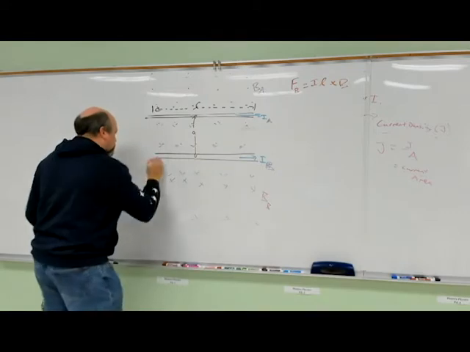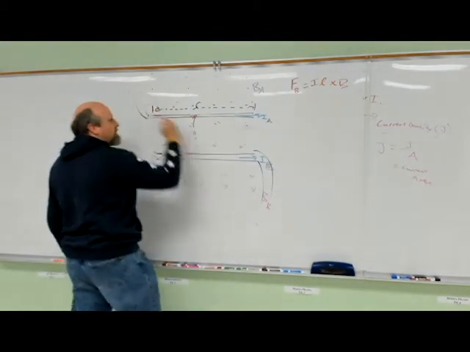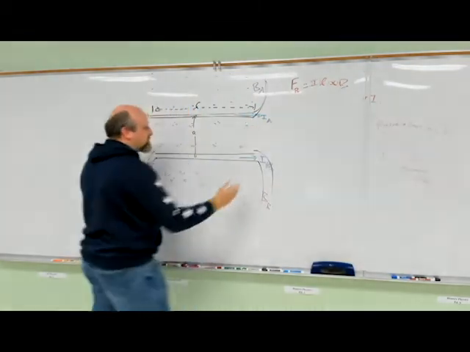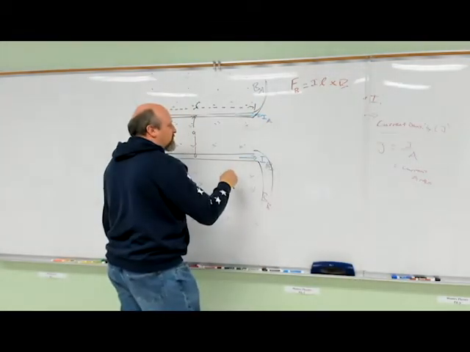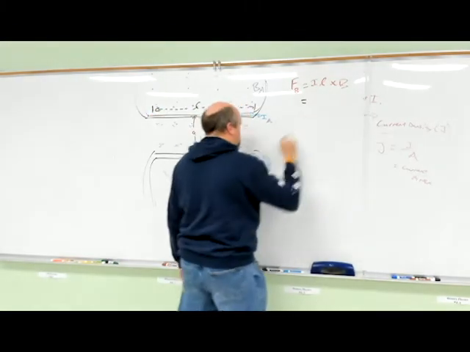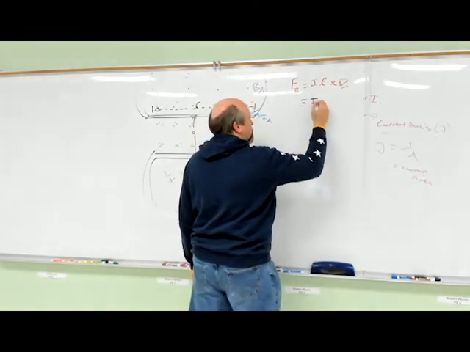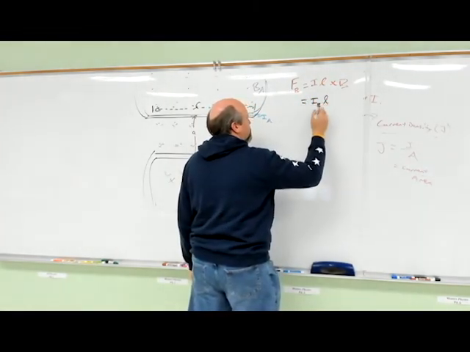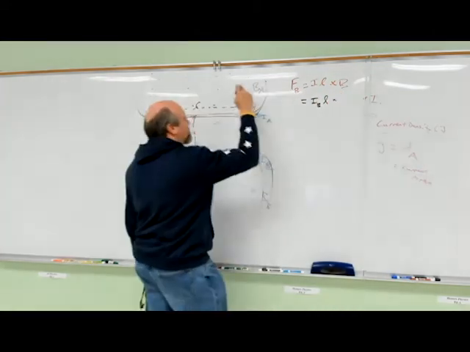So it's just this part where they're parallel to each other. That'd be the L in this equation. So the magnetic force on B, the force on this guy, is going to be his current times the length that's parallel there, crossed with the magnetic field made by A.